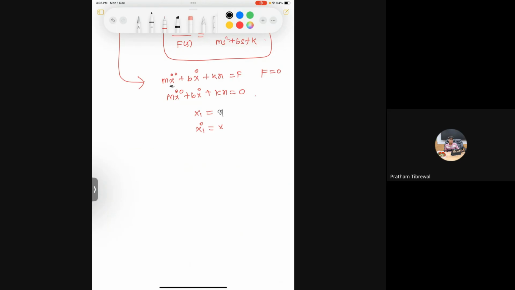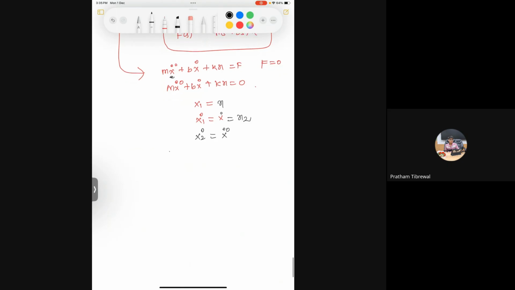Your variable here is x, right? So x1 dot is equal to x dot, which is also equal to x2. x2 dot is equal to x double dot. Now, what is x double dot? m x double dot plus b x dot plus k x equal to f or equal to 0. In this equation, keeping x double dot here, I am going to write everything else on the right hand side.